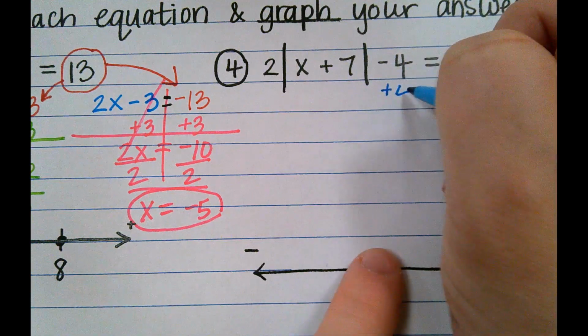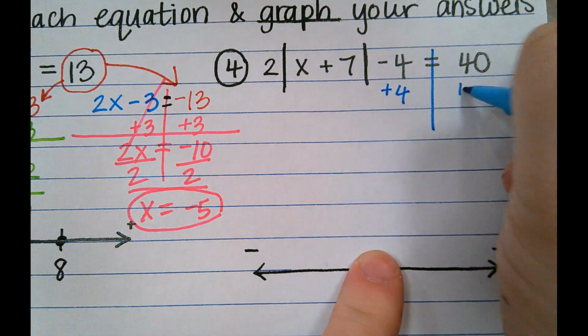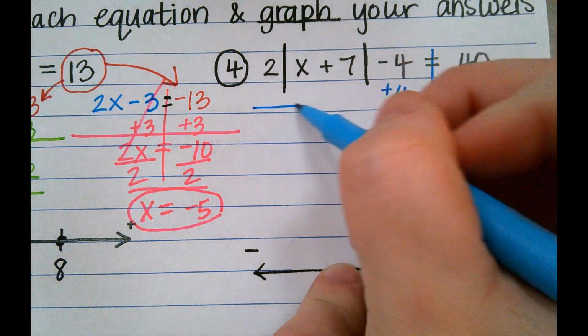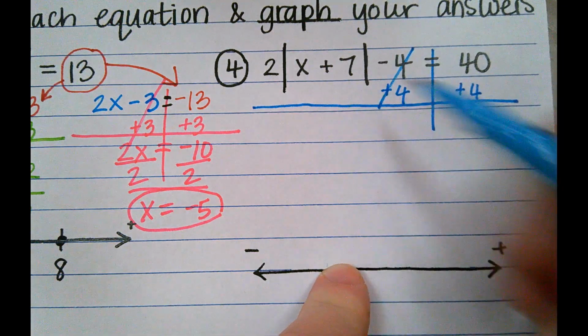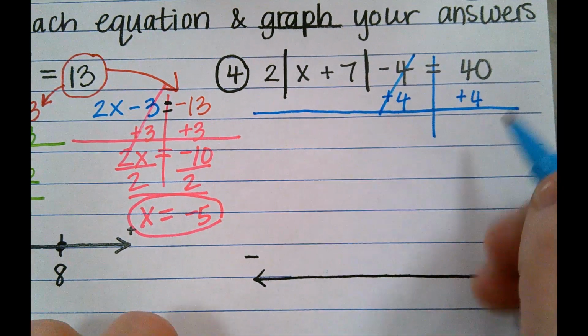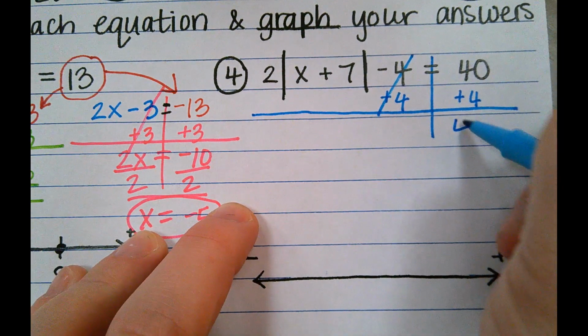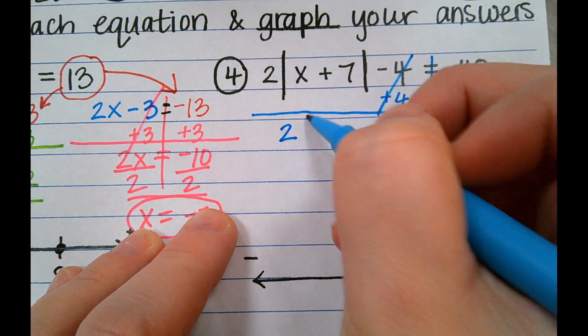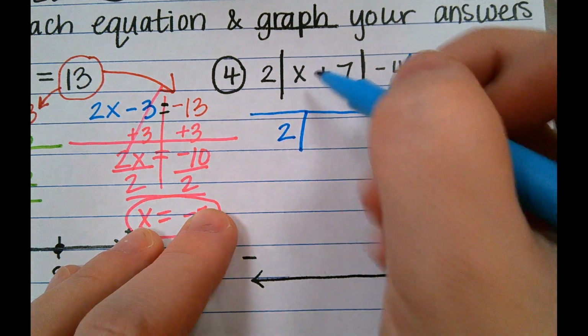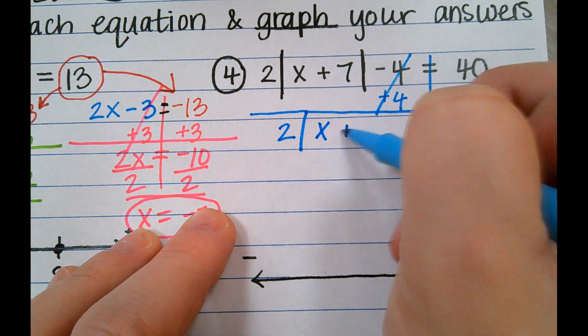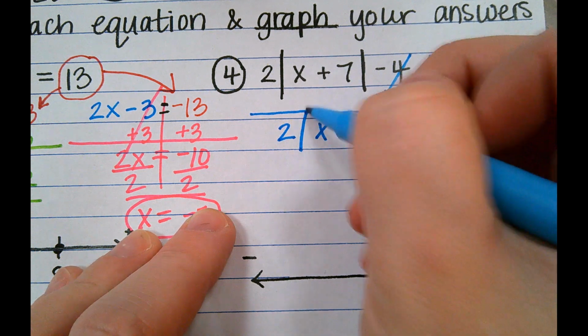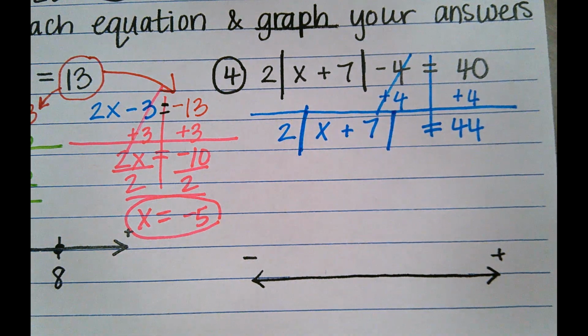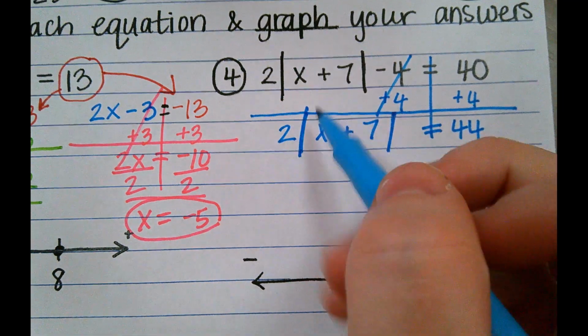Add 4 to both sides here. Okay, what comes down? 44. And then 2, the brackets, x plus 7. Perfect. Now I have 2 absolute value of x plus 7 equals 44. Divide by 2. Good.